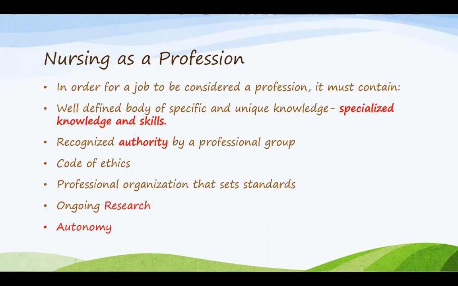We have recognized authority by a professional group. That means we can stand and say we speak with authority on this subject because we know nursing inside and out. Our authority is the American Nurses Association. There's a code of ethics that we abide by. We have a set of standards. There's ongoing research to always be looking to see how it can be better, and then we function independently. All that is included in the profession.